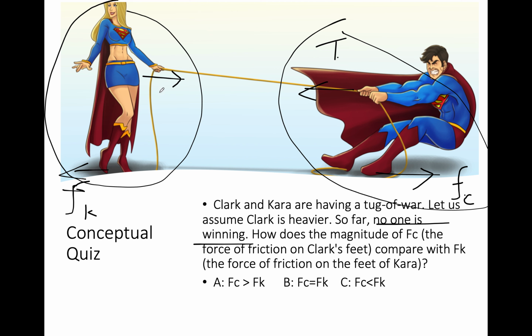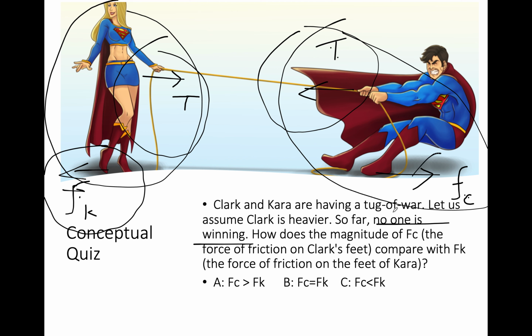No one is moving, so Superwoman is also at rest, net force 0. So this tension also equals this friction. And now we do know those two tensions are the same. This one equals this one. So we can reach a conclusion that those two friction forces are equal.